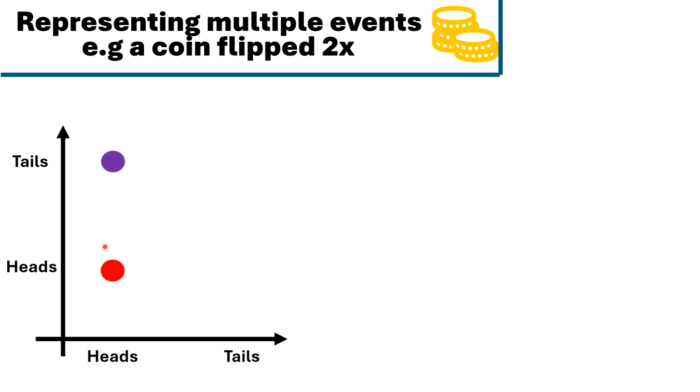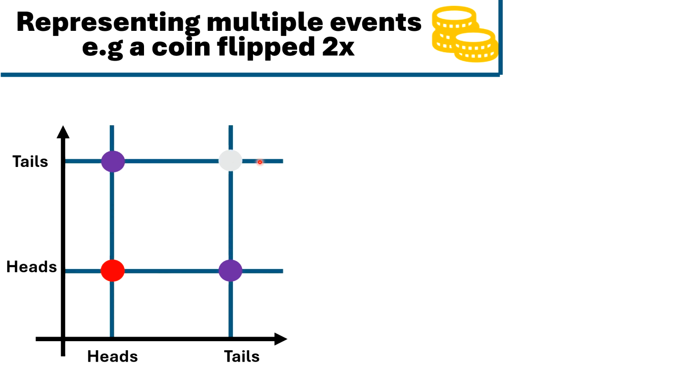You can do heads and tails, tails and heads, and tails and tails, depending on the order. So we can have a graph like this that represents it, and we're just going to draw lines across the points. You might be asked to represent the different scenarios using a graph like this.